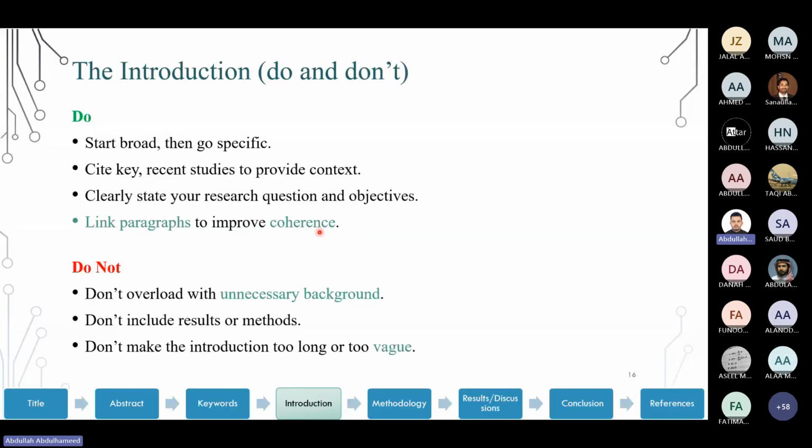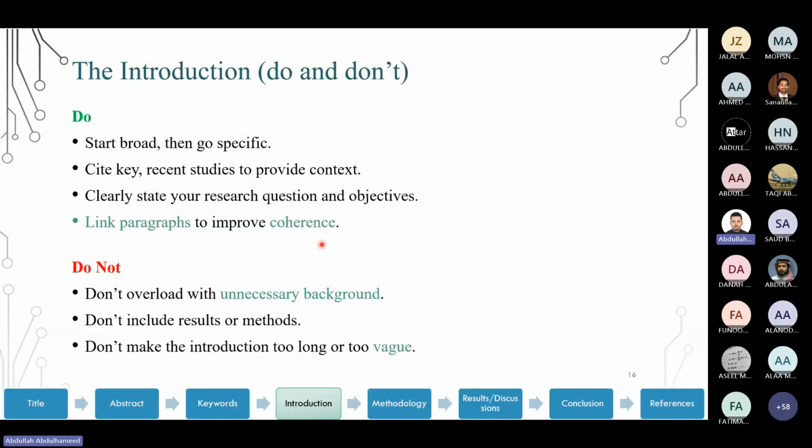In that case, you need to be careful to avoid unnecessary background. Everybody knows that solar cells convert light to electricity. So do not put things like that.